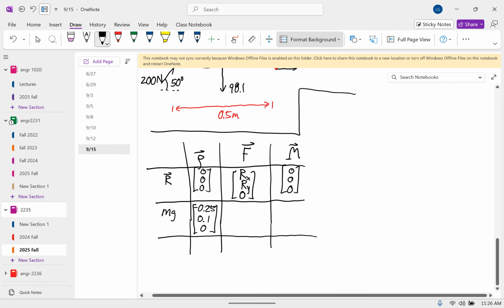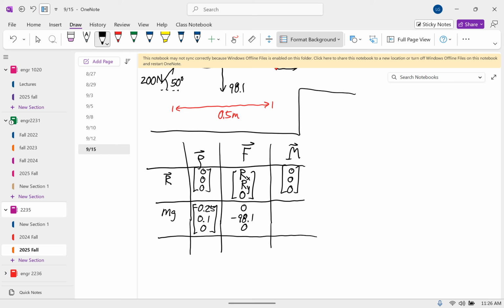And then the weight force is 0, negative 98.1, 0. And the cross product gives you 0, 0, 24.525, I think.